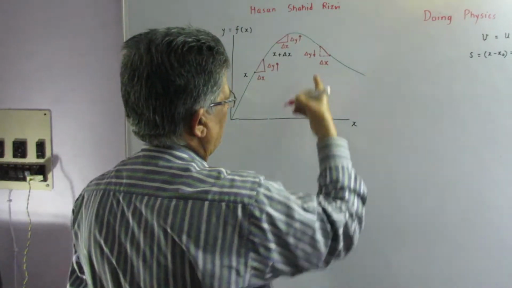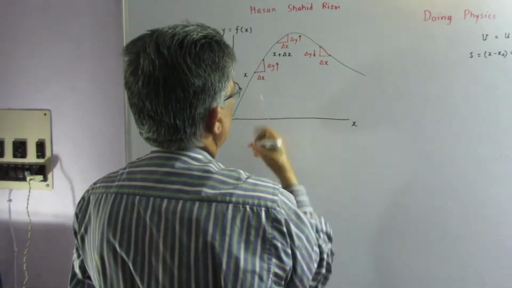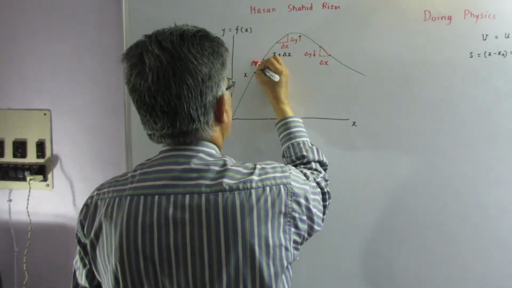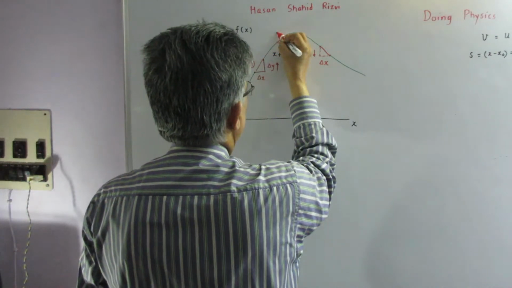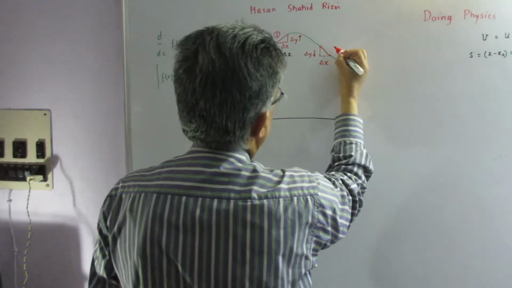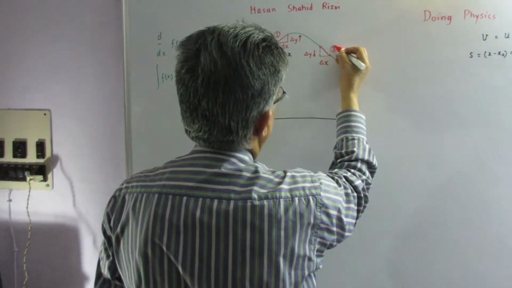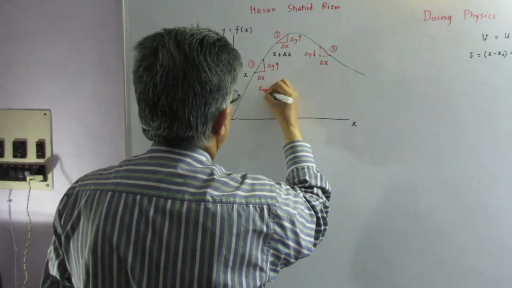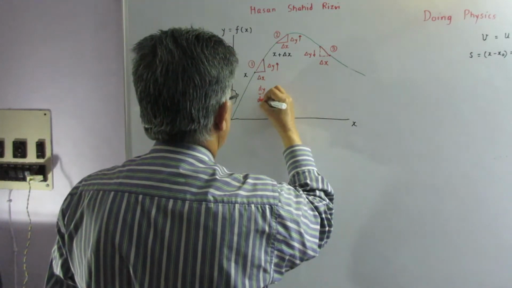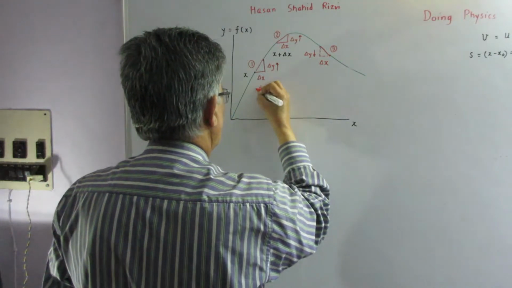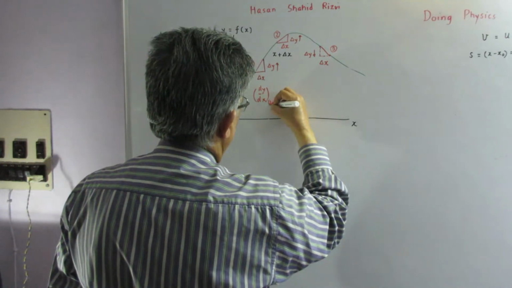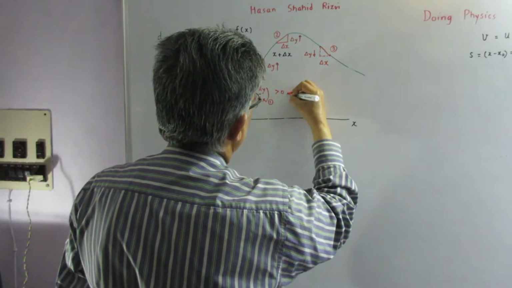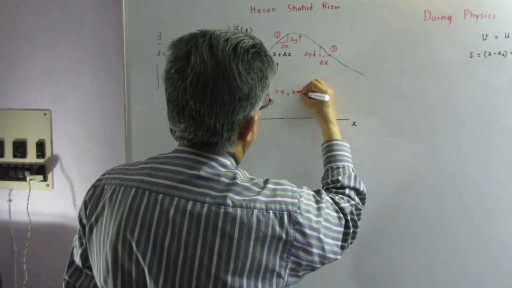If I write dy/dx in the first instant, second instant, third instant, let me say that this is the first, this is the second, and this is the third thing that we are discussing right now. From the curve, dy/dx, rate of change of y with respect to x, for case 1 is greater than 0, and anything greater than 0 is therefore positive.